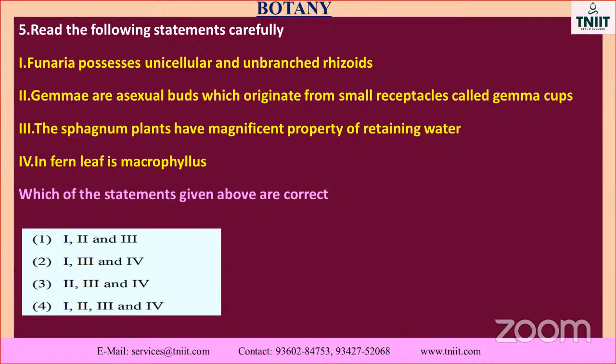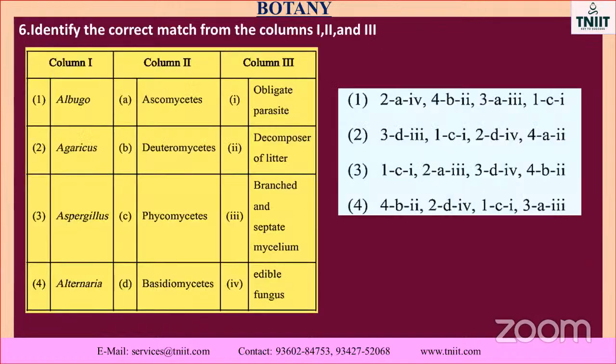It is also called peat, used as fuel, with maximum coal formation. Funaria's leaf is macrophyllous. So which is the option? Second, third and fourth are the only correct options. Okay, third answer is the correct one. These are all already in our report.